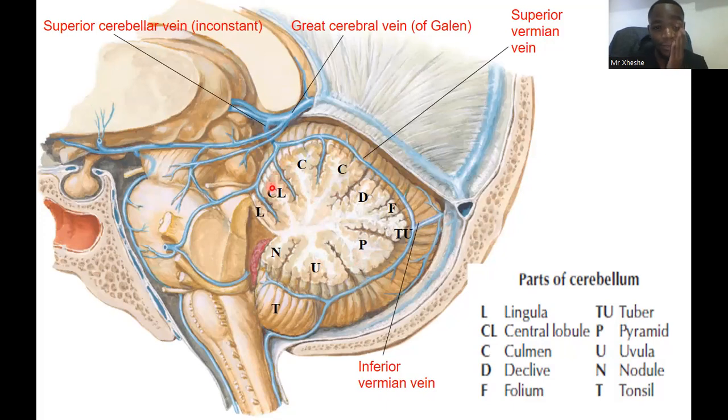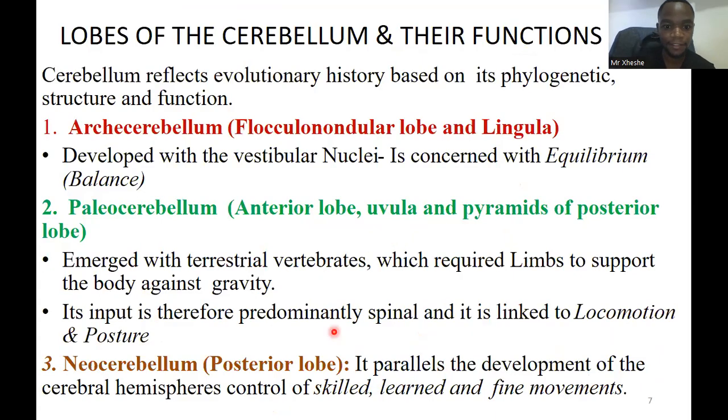The central lobule, the culmen, uvula, and pyramid now form the paleocerebellum. Meaning, what remains now? The declive, the folium, the tuber form the neocerebellum, the new part of the cerebellum. Or simply, the posterior lobe forms the neocerebellum.